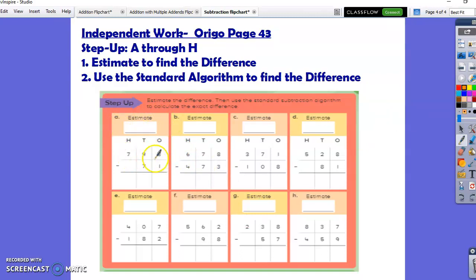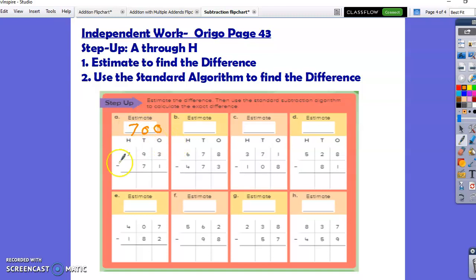So you'll have to think, okay, 793 would round to 800. And 71 is also close to 100. So if I had 800 minus 100, my difference would be about 700. So in that first box, you would put 700.